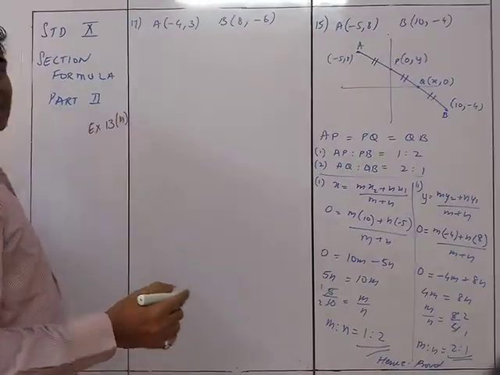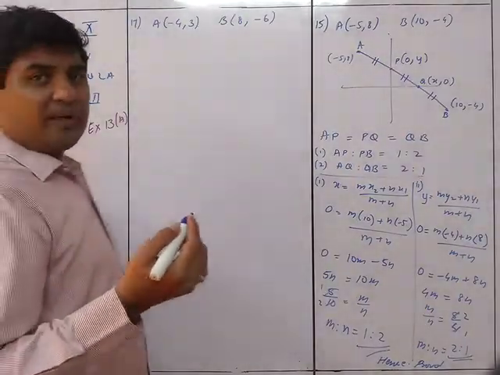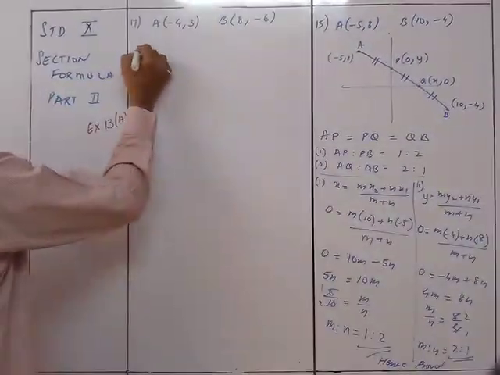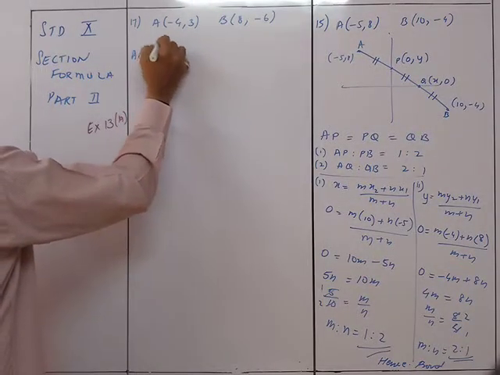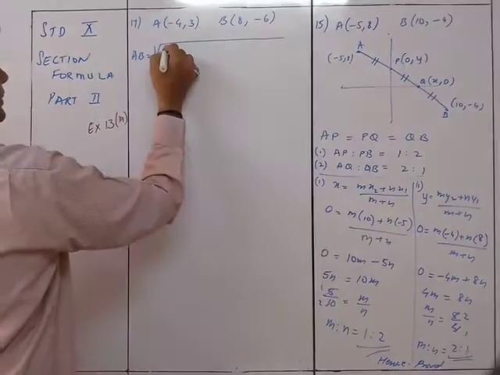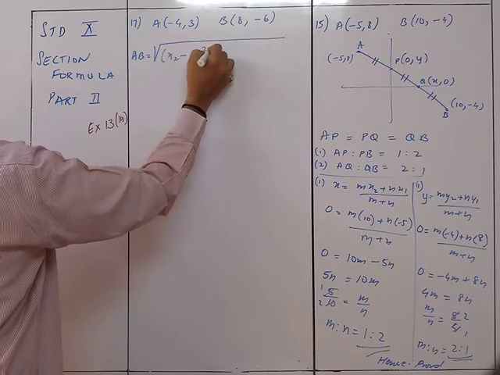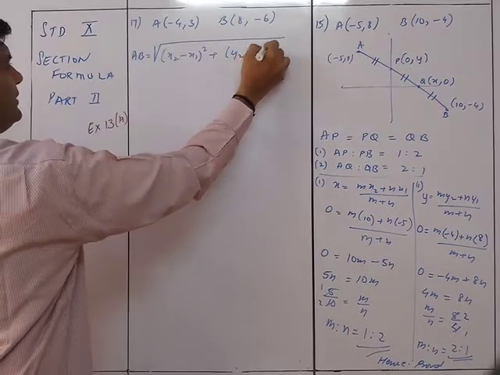So first of all, length AB is nothing but the distance formula we learned in the 9th standard. So we'll use the 9th standard formula. AB is equal to square root of (x2 minus x1) the whole square plus (y2 minus y1) the whole square.